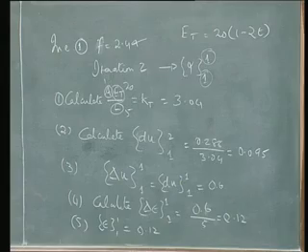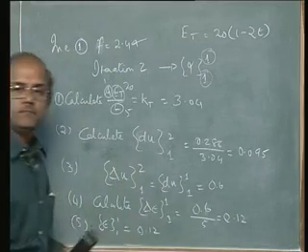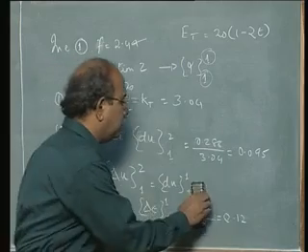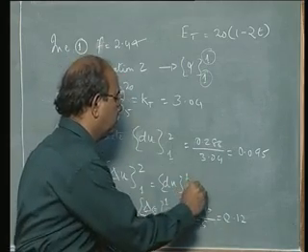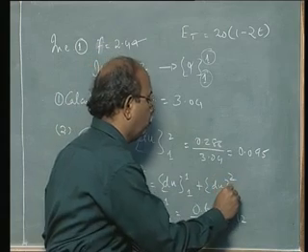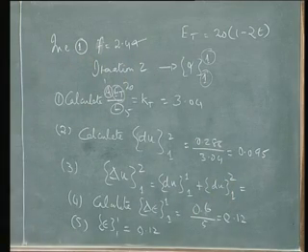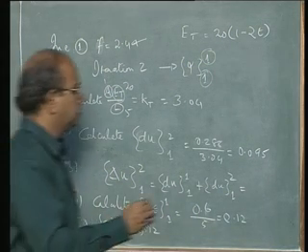Right? Clear? Fine. So now I calculate delta U2 by adding 1 plus du 2 of 1, 0.695.